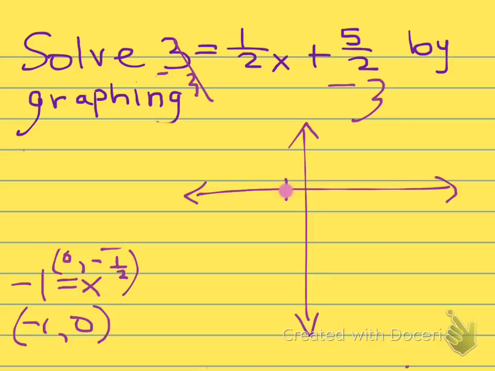And our y-intercept is going to go at (0, -1/2). So we're going to go by halves. And that would be our second point, and then we graph our equation.